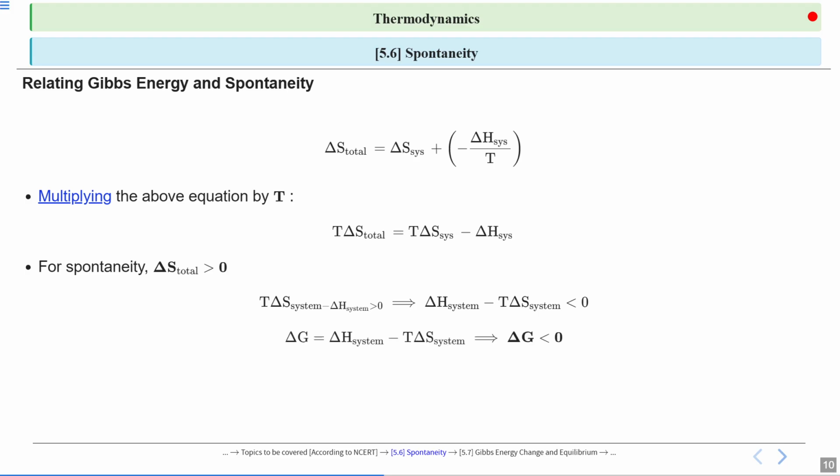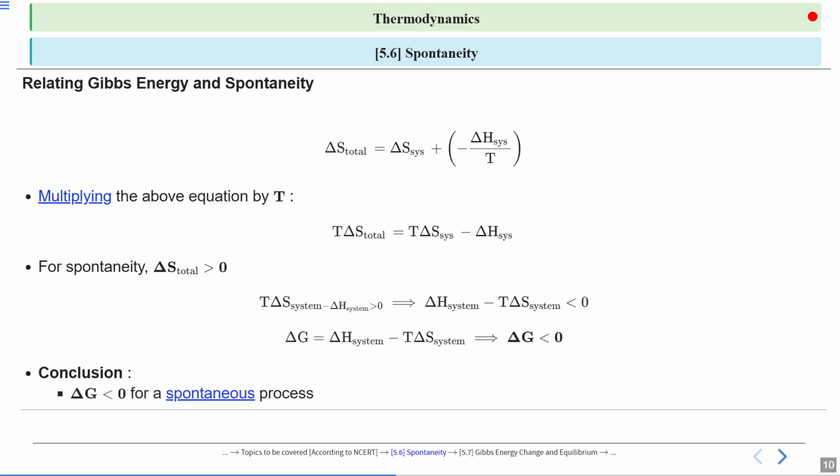Can we relate it with a simple term? Yes. We know that the change in enthalpy minus temperature multiplied by the change in entropy can be written as the change in Gibbs free energy. Therefore, finally, if you want your process to be spontaneous, your Gibbs free energy change should be negative. Hence, we have moved to our very important conclusion that for spontaneity, delta G should be less than 0.